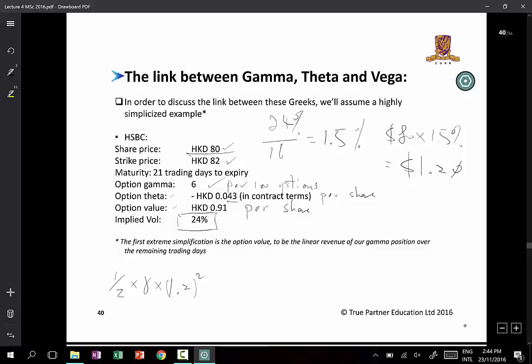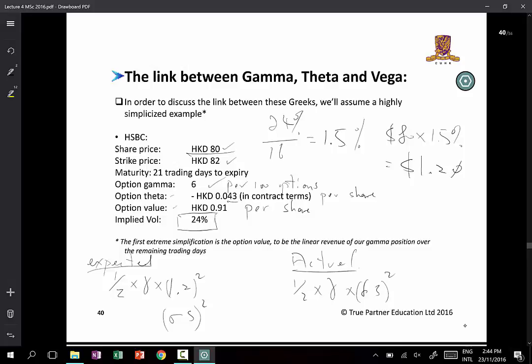And this is the expected. So this 1.2 is just sigma S all squared. Now the actual would be a half times gamma times dS squared, whatever dS happens to be.